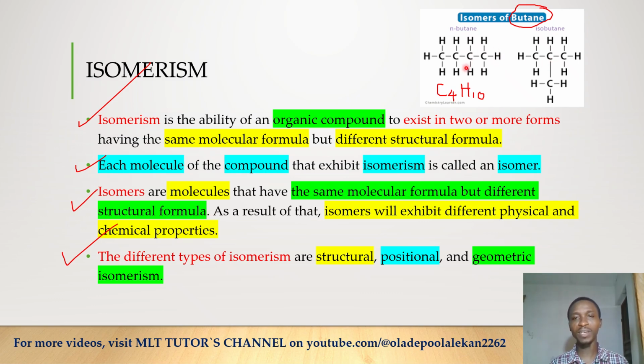An example is the normal butane, continuous carbon chain, and isobutane, branched carbon chain. And finally, the types of isomerism could be structural, as in saturated hydrocarbon, and positional and geometrical in unsaturated hydrocarbon. Alright, in the next slide, let's now have a quiz on what you have learned so far.